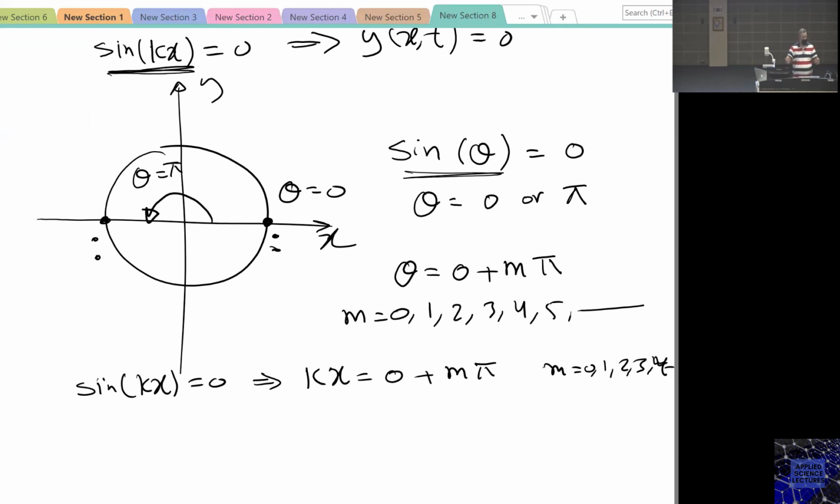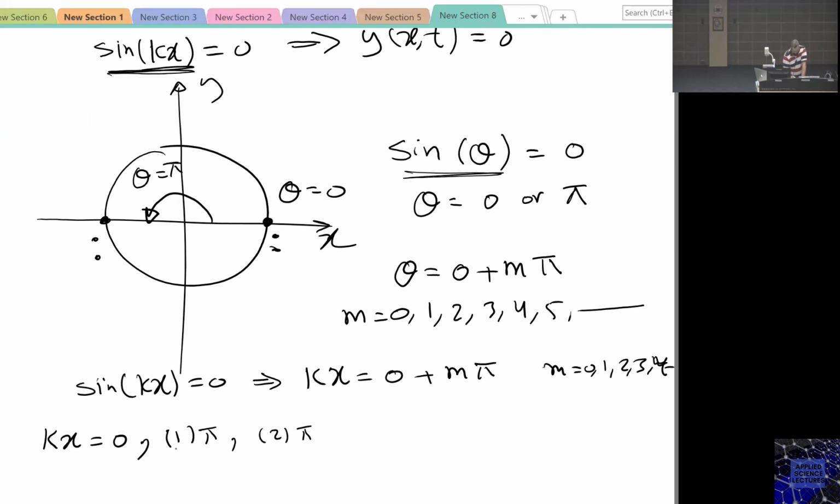Now let me extend this, taking a few of those phases. Then it would be Kx equals 0, comma, that's the first one. The second one would be 0 plus 1 pi. The next one would be 0 plus 2 pi.